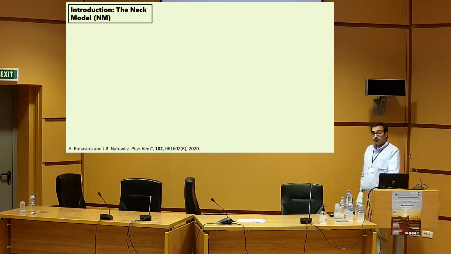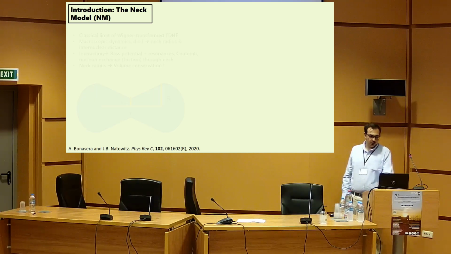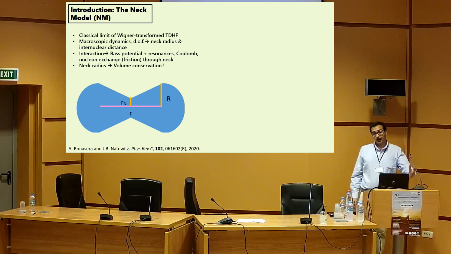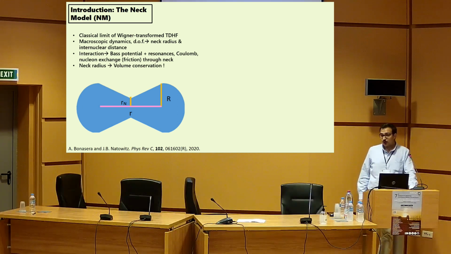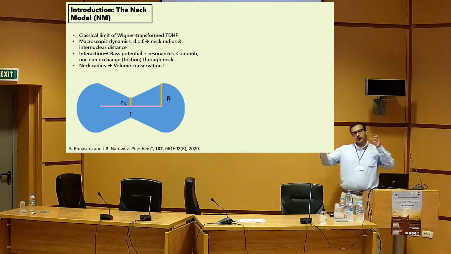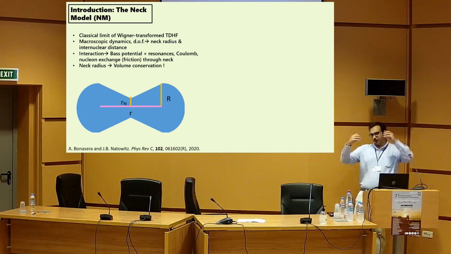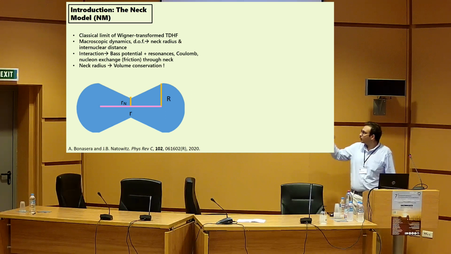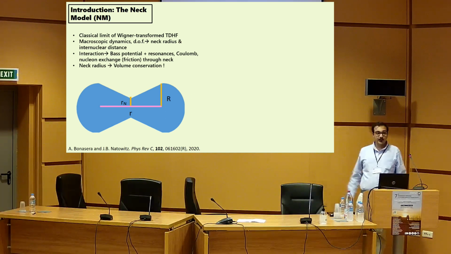Next, we're moving towards the NEC model, which we actually described a little bit in the morning talk. So essentially, the NEC model is the classical limit of the time-dependent Hartree-Fock under its Wigner representation, and it considers that during either fusion or fission, the total nuclear volume is conserved, so a neck is formed with radius Rn here, and another distance between the centers of mass.